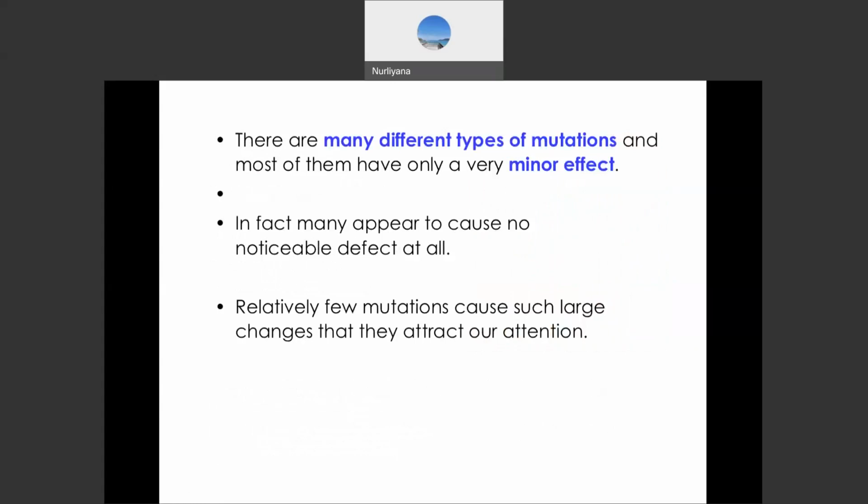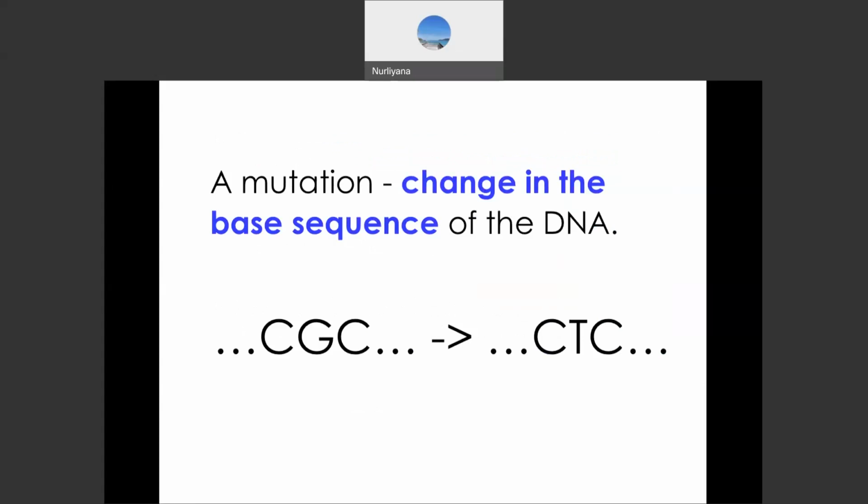There are actually several types of mutations, and most of them have a very minor effect and sometimes are not noticeable. Some people got mutated but do not show or exert any noticeable effect. If you see in the sequence of your DNA bases, this is how the mutation occurs.